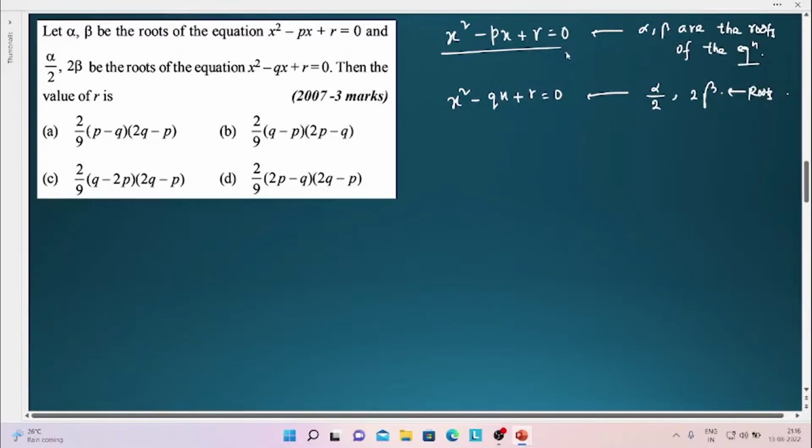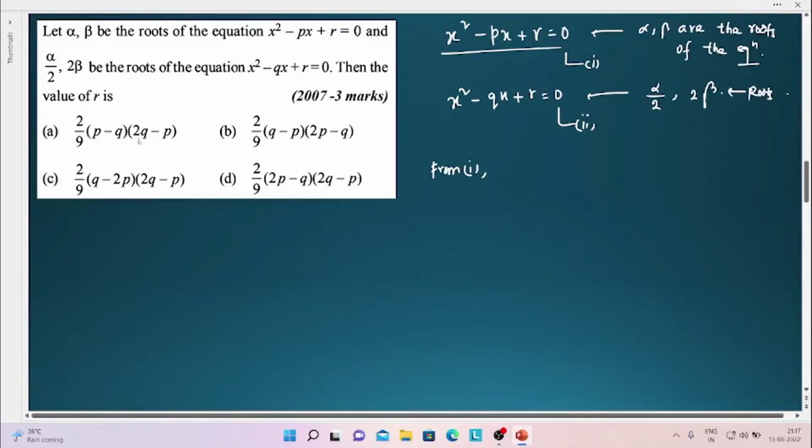If I write this equation as equation number 1 and this equation as equation number 2, then from the first equation we apply the relation between roots and coefficients, and we have to find the value of r. The options are in terms of p and q.